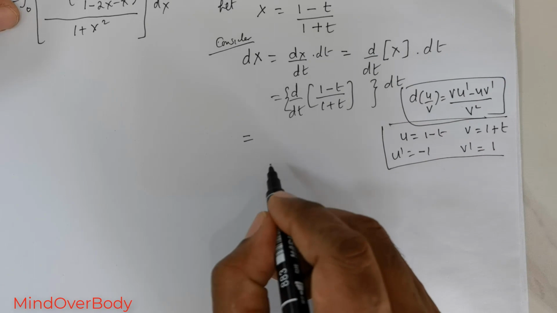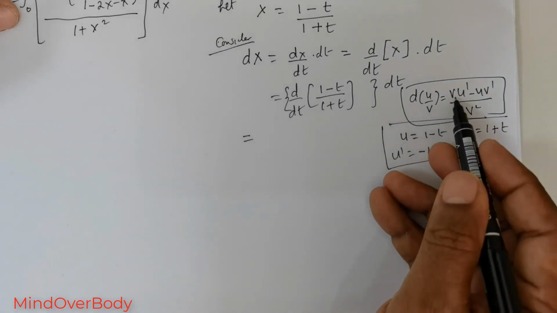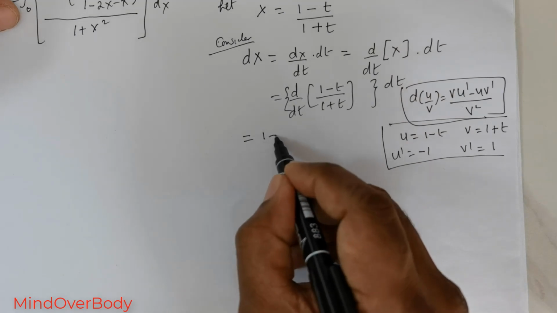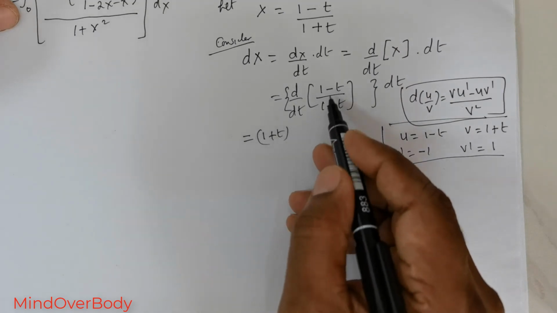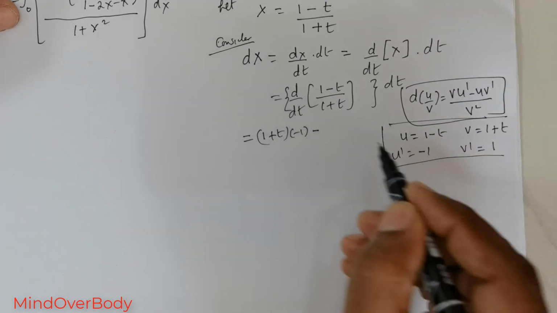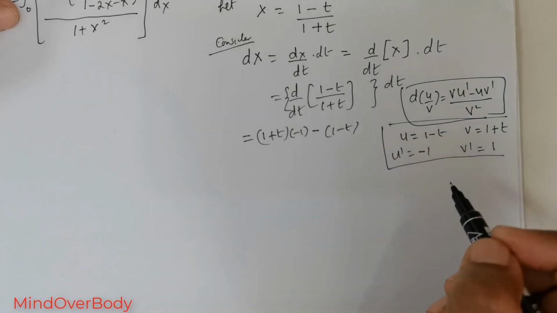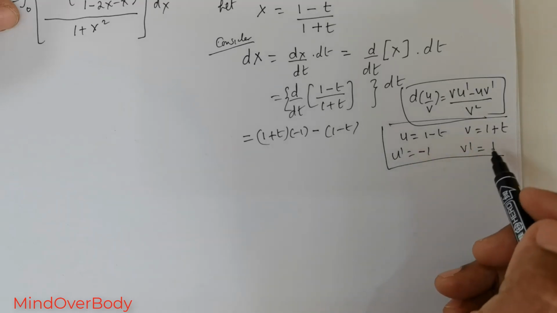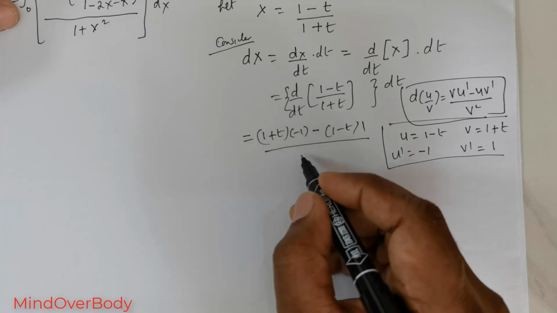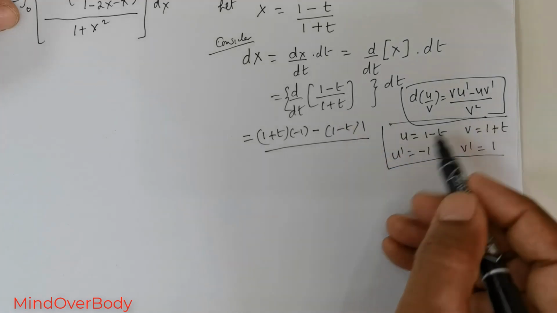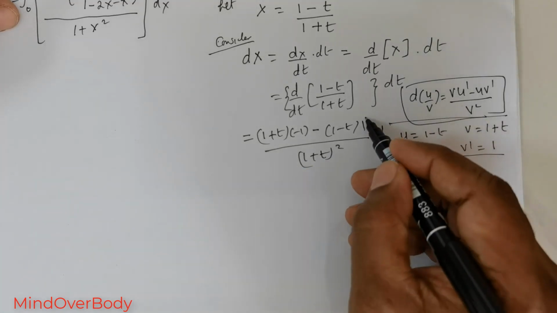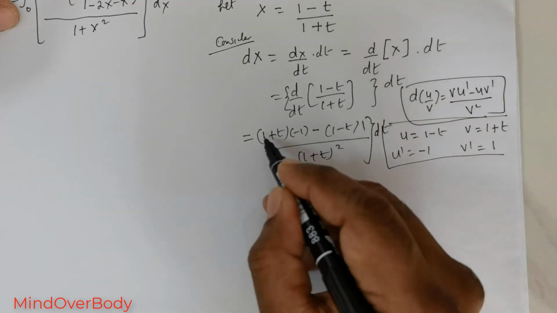Now let me write that down here. So v is 1 + t, times the differentiation of u, that's −1, minus (1 − t), which is my u, times the differentiation of v, which is 1, divided by v squared, that's (1 + t) raised to the power of 2. This has to be multiplied with dt.